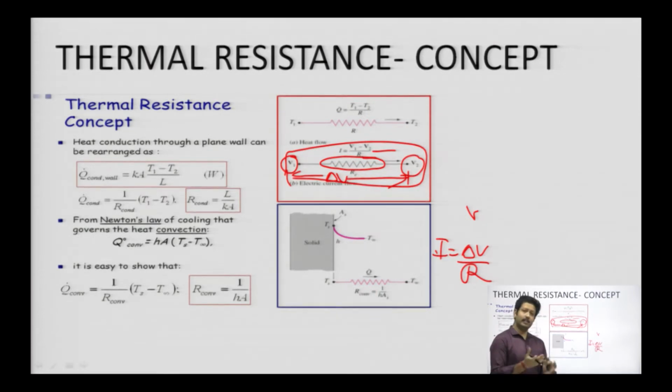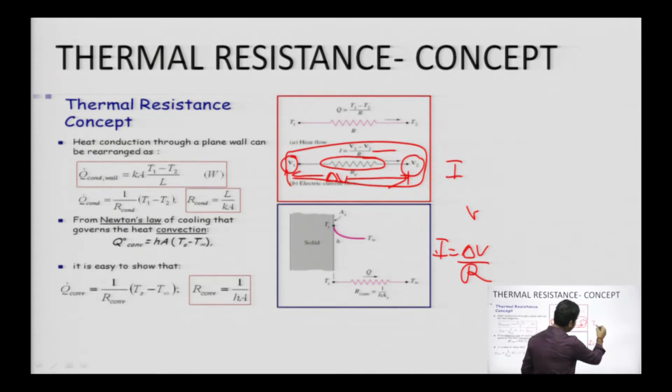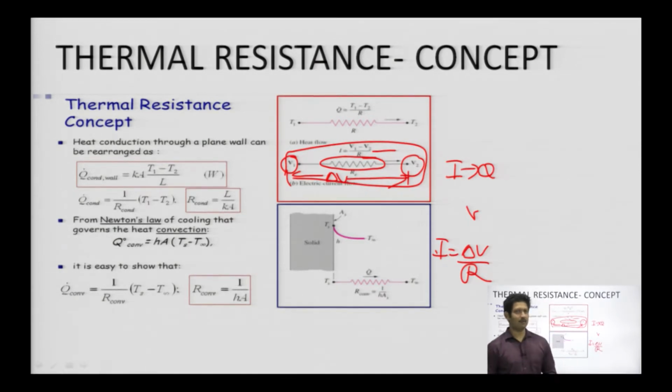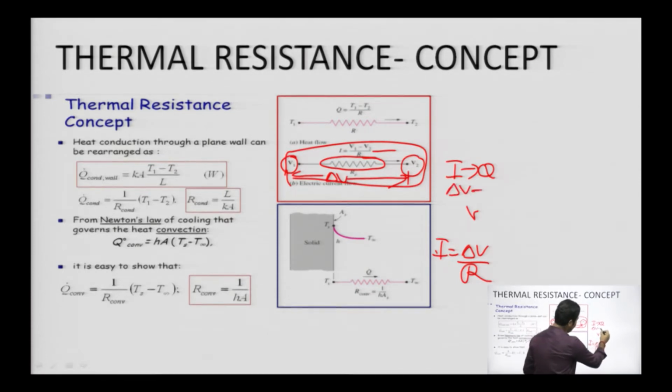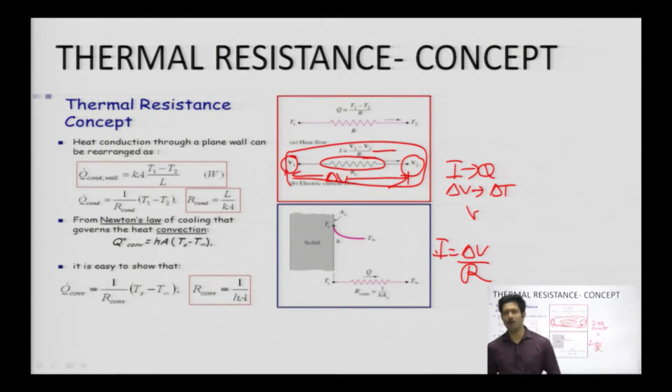So in a thermal circuit, in place of current, heat flows. So I will be replaced by Q. In a thermal circuit, heat flows, and there the current was flowing. Delta V, the potential difference, is being replaced by delta T. As we all know, if we do not have delta T, then definitely heat won't flow. It has to be a higher level and a lower level. If there is no higher and lower level, definitely heat won't flow.